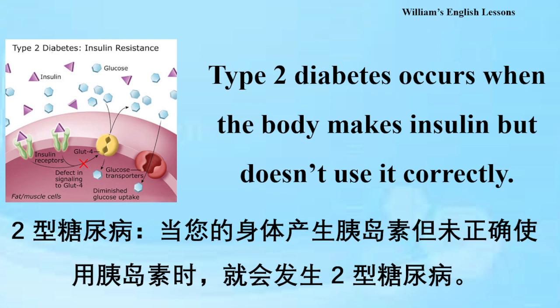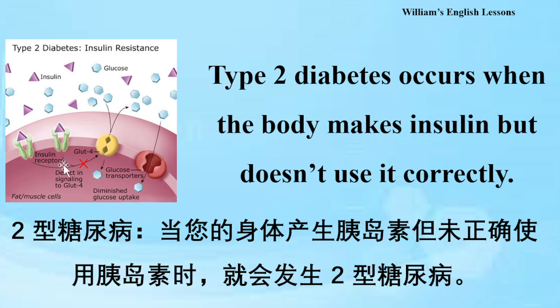But when the body does make enough insulin but does not use it correctly, type 2 diabetes occurs. In type 2 diabetes, we can see that both of the green insulin receptors have purple triangles above them, signaling it has received insulin.